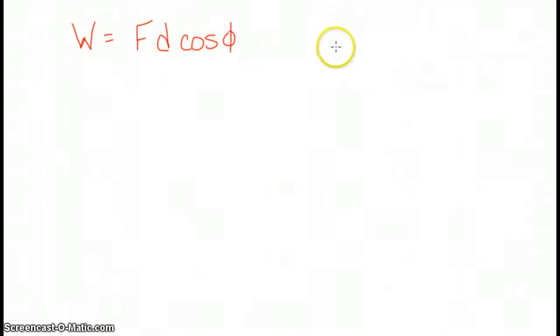So what we got is that the work done by a constant force is equal to the force times the distance that it's traveled in that same direction, cosine of the angle between the force and the distance. So in the last example we had the bead, the string it moved along, and the force was applied up at some angle.